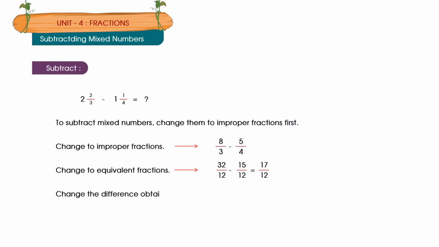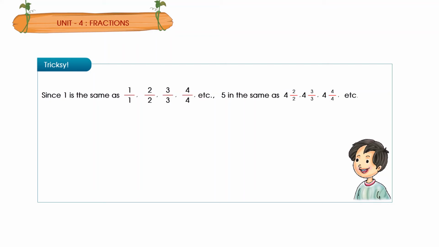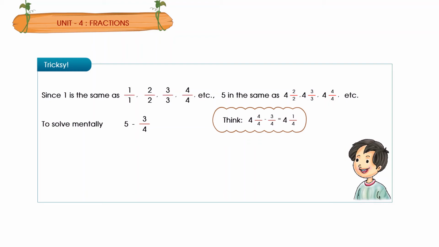Change the difference obtained to a mixed number. 17/12 is equal to 1 5/12. Trick: since 1 is the same as 1/1, 2/2, 3/3, 4/4, etc., 5 is the same as 4 2/2, 4 3/3, 4 4/4, etc. To solve mentally 5 minus 3/4, think 4 4/4 minus 3/4 is equal to 4 1/4.